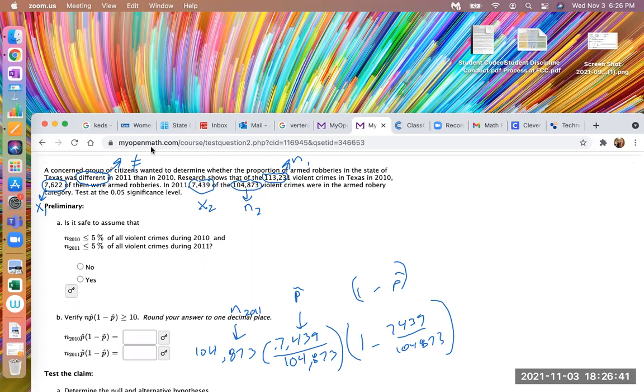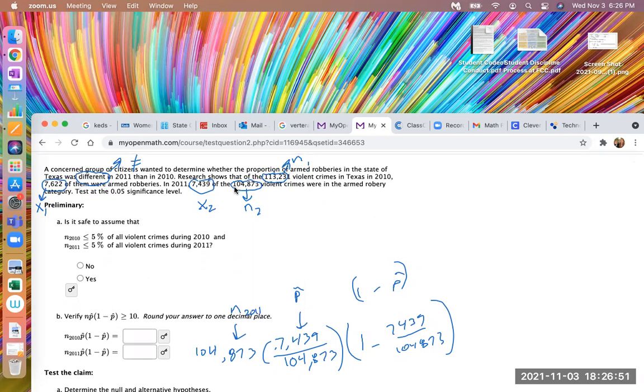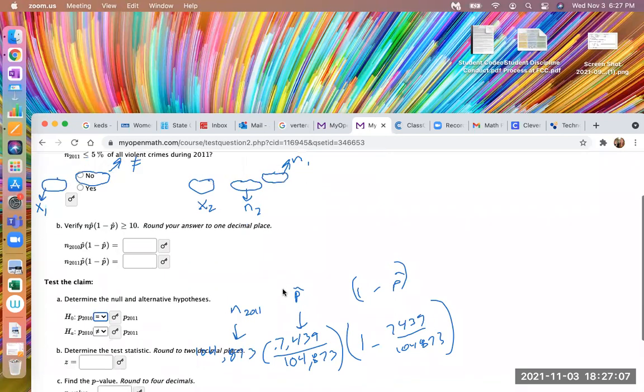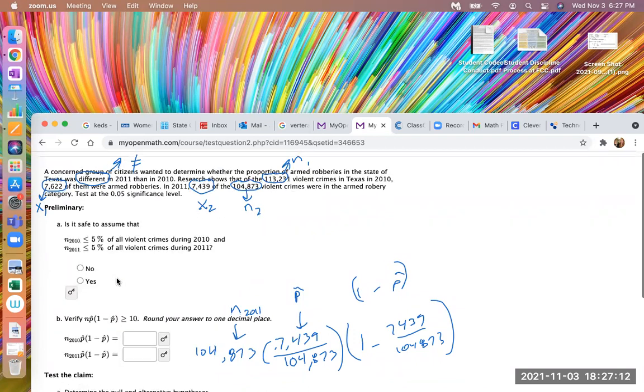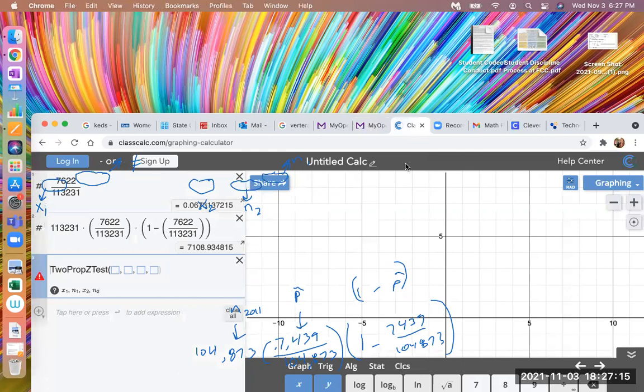And like I said, if you mix this up, there's no really mixing it up because they don't tell you any particular way to do it. I'm just going with which population they listed first. But actually there is kind of a wrong way to do it. If you're doing a left tail test or right tail test, you have to pick the right population. But this test doesn't matter. With a not equal test, that's a two tail test. Okay, so I'm going to do calc, and I'm going to enter in the X1.